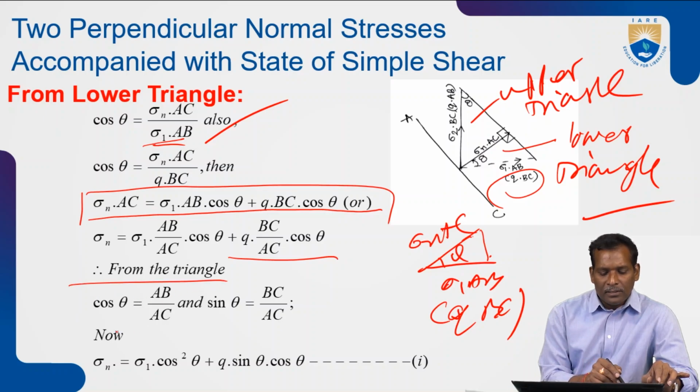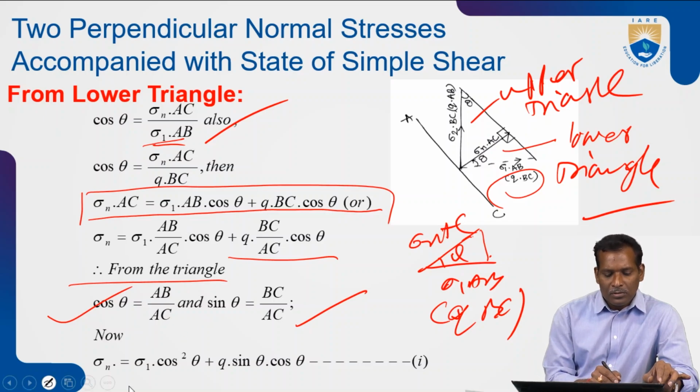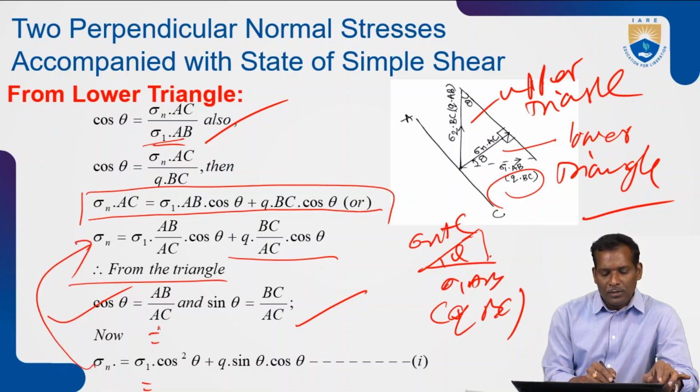From the triangle, the cos theta is equal to AB by AC and sin theta is BC by AC. Now substitute: AB by AC is cos theta. So substitute in this equation, sigma 1 AB by AC is equal to cos theta.